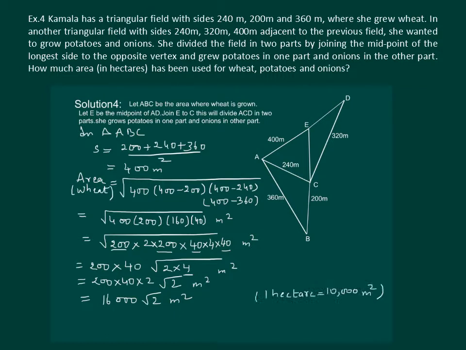To make calculations easy, let us convert this area in terms of hectares by dividing by 10,000, as 1 hectare is equal to 10,000 meter squares. So the area becomes 1.6 into root 2 hectares.